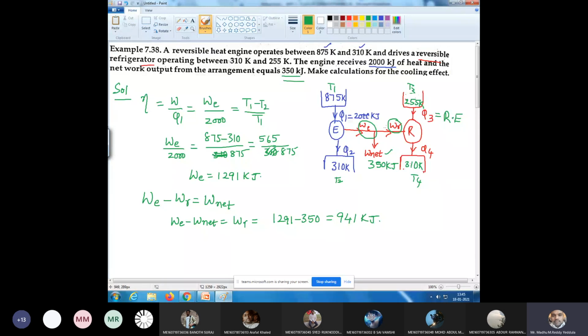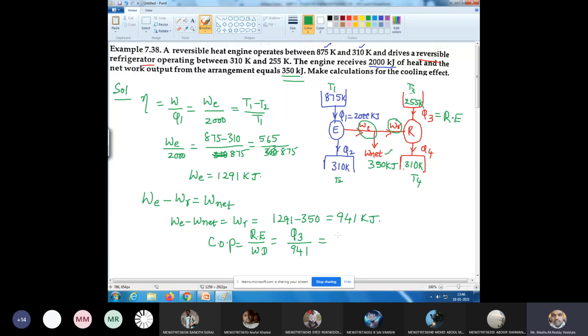For that, I am doing certain work. Therefore, COP is equal to refrigerating effect by work done. The refrigerating effect is Q3. What is the work done by the refrigerator? 941 kilojoules.